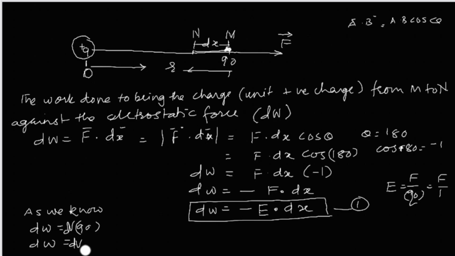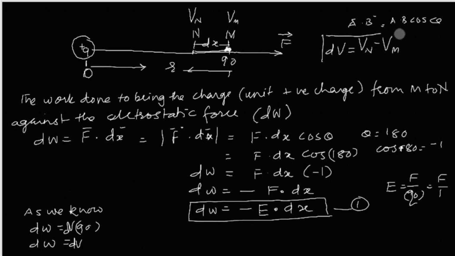The difference in potential between M and N. Now let us consider the potential at point M of this Q0 is Vm, and the potential at point N is Vn. So the change or difference in potential, dV, is equal to Vn minus Vm.